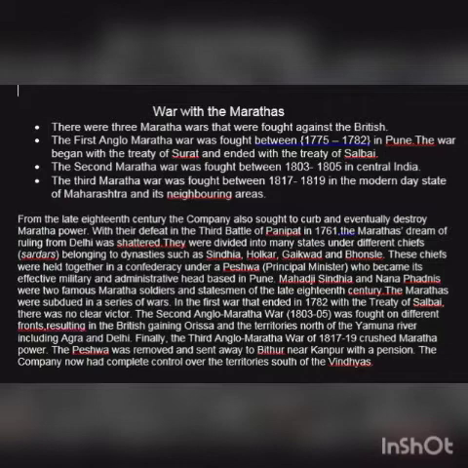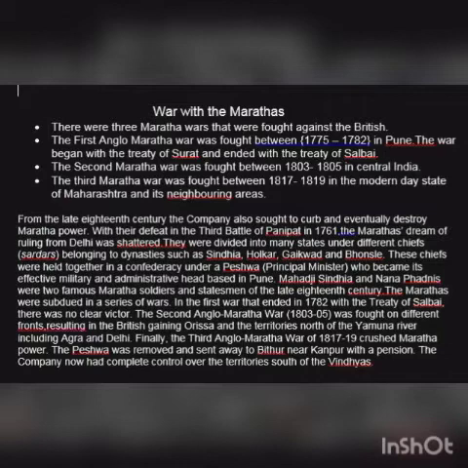With their defeat in the Third Battle of Panipat in 1761, the Marathas' dream of ruling from Delhi was completely shattered, and they were divided into many states under different chiefs or sardars belonging to the dynasties such as Scindia, Holkar, Gaikwad, and Bhonsle.